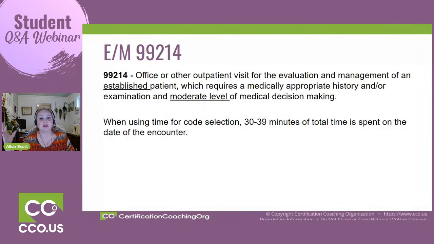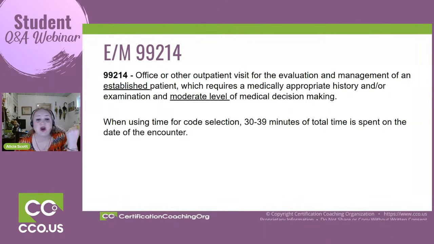The time is 30 to 39 minutes. We're not going to talk about that again because that's extremely simple to use, but not always the most beneficial to the provider. And the guidelines are very plain to say that you can use either one, whichever is more beneficial to the provider. And often it is based on medical decision making, not time. So the difference between 99214 and 99213 is low and moderate.